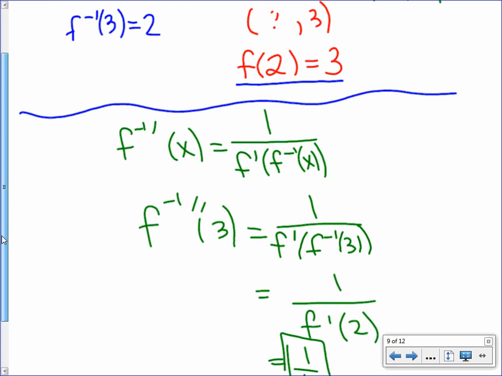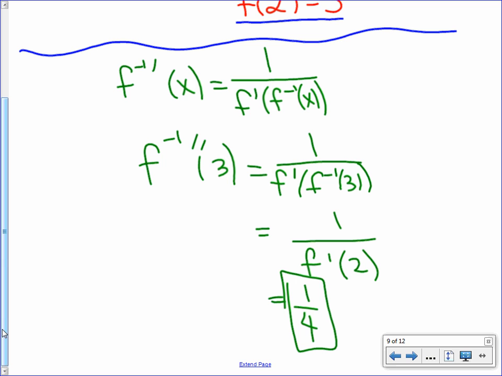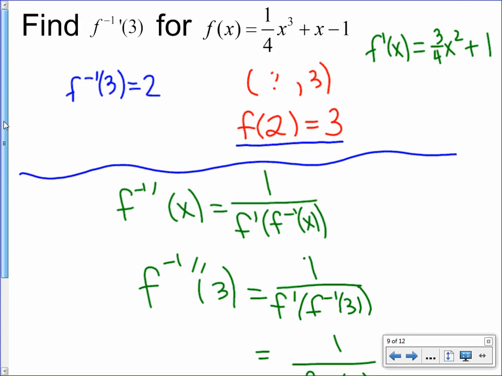You evaluate the derivative at the inverse number. That's what we did here, because down here, our rule is the derivative evaluated at f inverse. So we figured out, well, if we're evaluating at 3, that means the y value is 2, because on our original function, we have this point 2, 3.